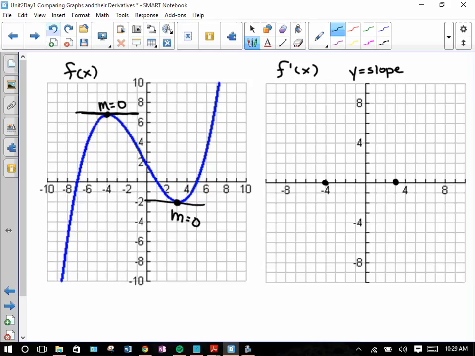How does that slope compare to that slope? Which slope is more steep? This way. So the further out towards negative infinity I am, the steeper my slopes are. The closer I get to this point, my slopes start to become smaller. My slope over here is going to start really, really high, and then as we get closer and closer to negative 4, they're going to become smaller and smaller.